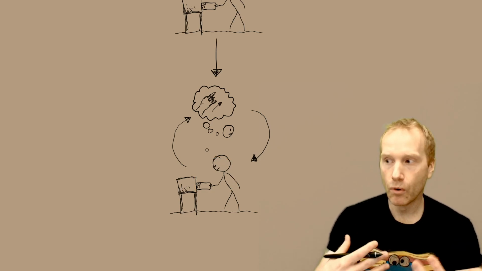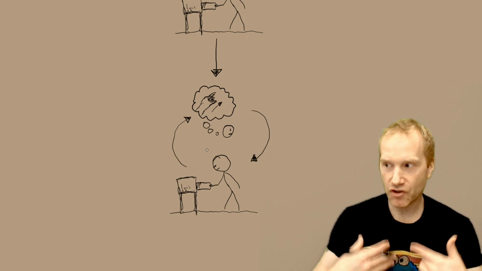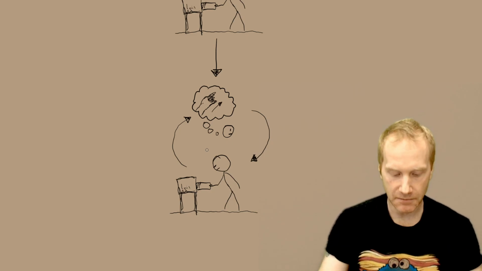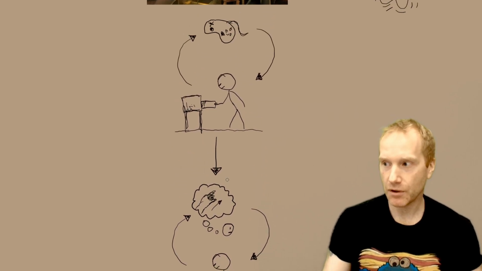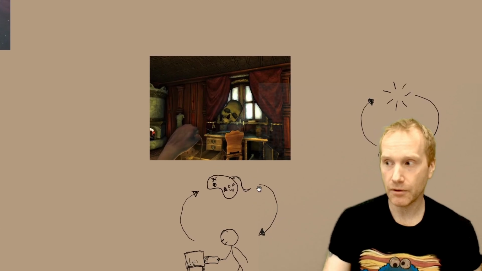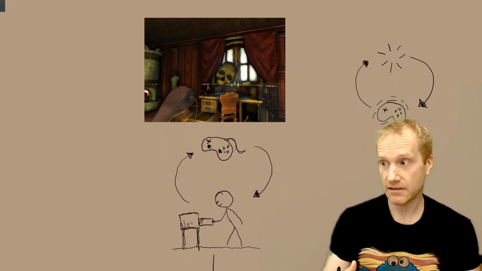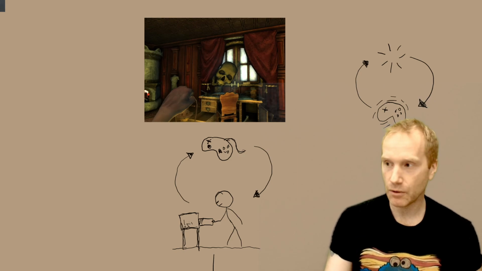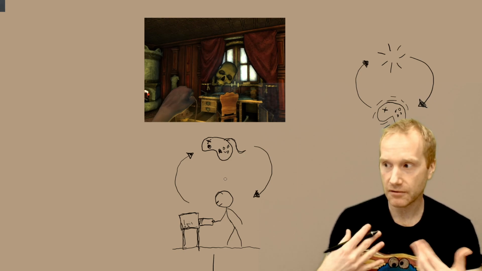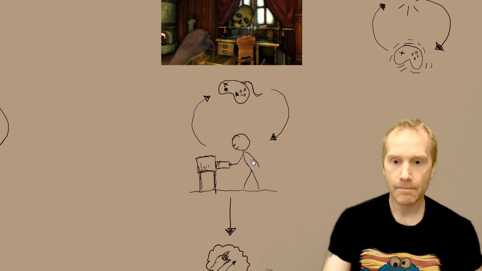So you get more opportunities to have this feedback loop that makes you present in the game, which I think honestly is a very important point in making the game scary and having emotional reactions from the player, so that they actually start feeling present in the game.